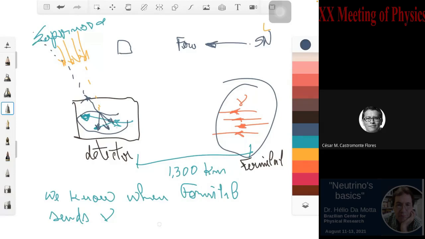And also, Fermilab does not send neutrinos continually. In fact, it sends pulses. So the neutrino beam is not continuous. So everything is very different. It's easy to distinguish.